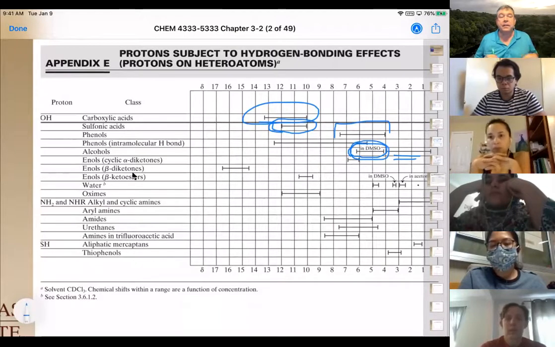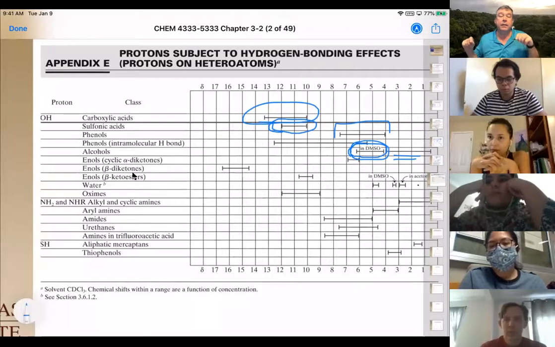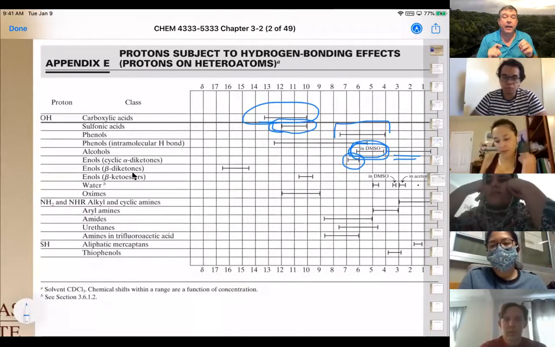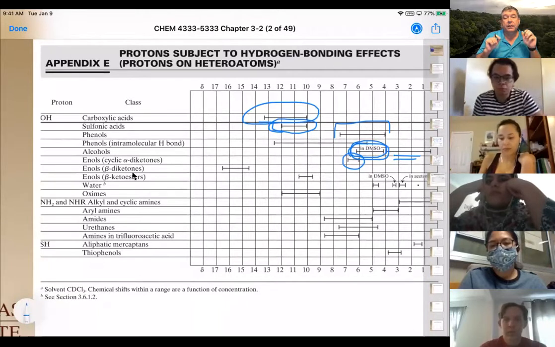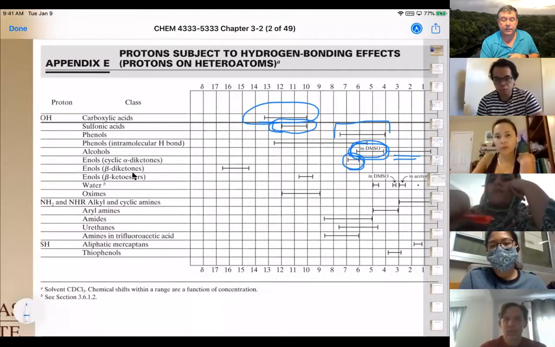Okay. Now, enols are kind of interesting in that they have acidic hydrogens, but in their enol form they form a 6-membered ring, hydrogen bonding from the alcohol to the carbonyl. Based on the acidity of that system, they move around quite a bit. If you have the cyclic beta diketones that are kind of limited, they're shifted way down here in the 6 range.